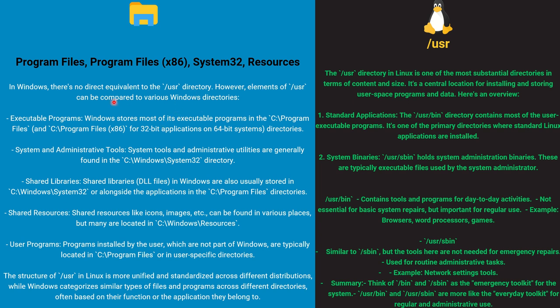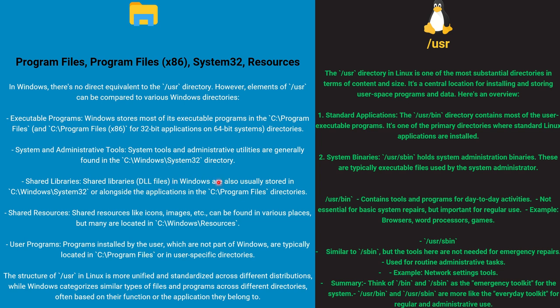In Windows, Program Files, Program Files (x86), System32, Resources, there is no direct equivalent to /usr. However, elements of /usr can be compared to various Windows directories. For example, executable programs: Windows stores most of its executable programs under the Program Files and x86 directories. System and administrative tools are stored under the System32 directory.